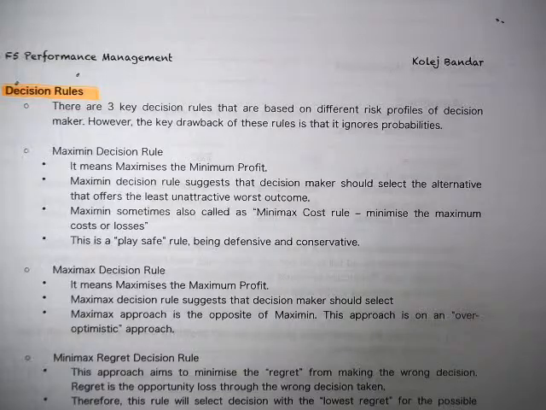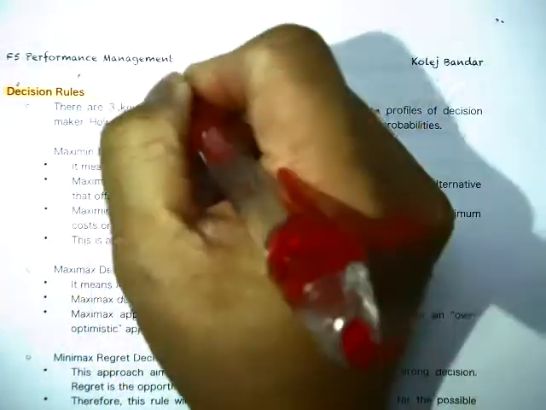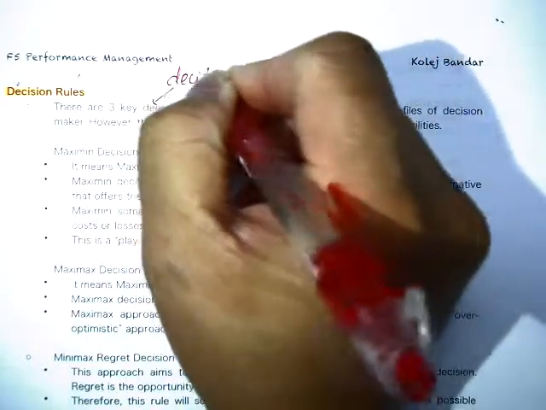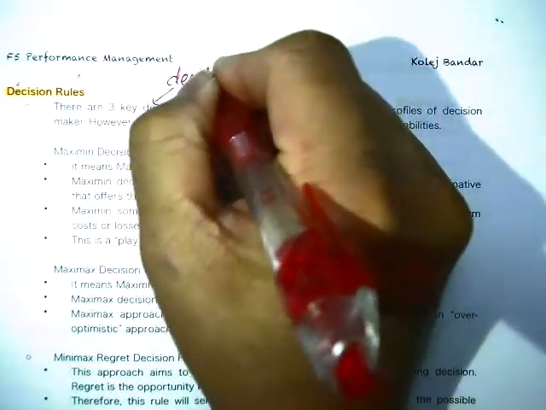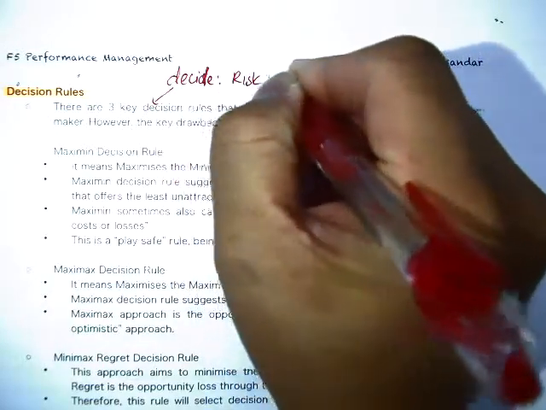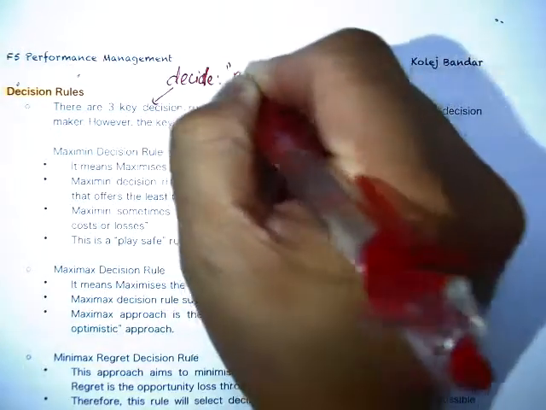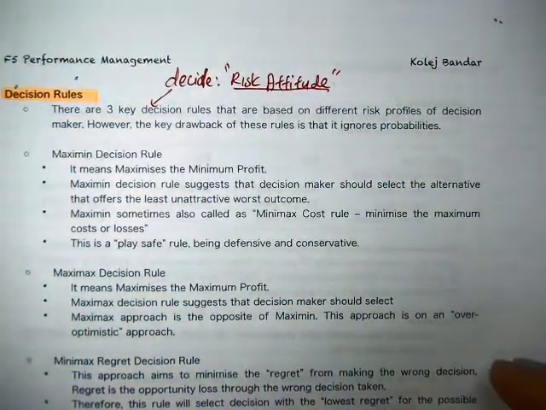Now decision rule is basically the way you decide based on your risk attitude.